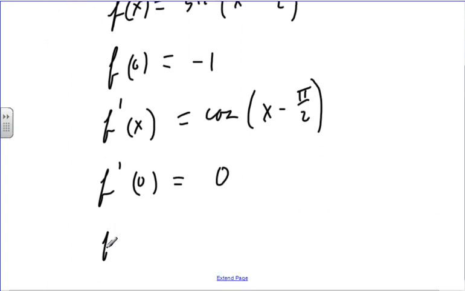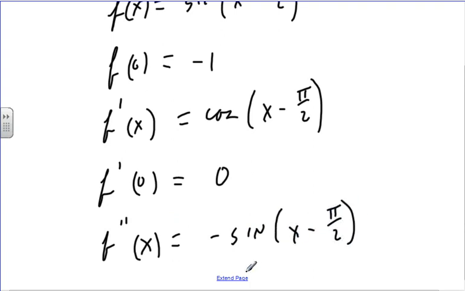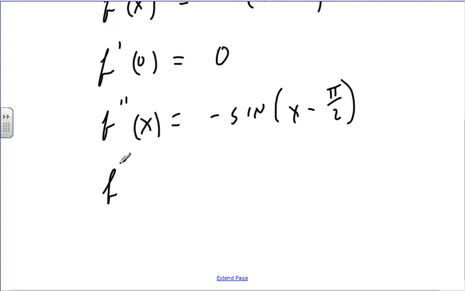Okay, f double prime of x is minus sine of x minus pi over 2, and f double prime at 0, the sine of minus 90 degrees is minus 1, minus that would be 1.